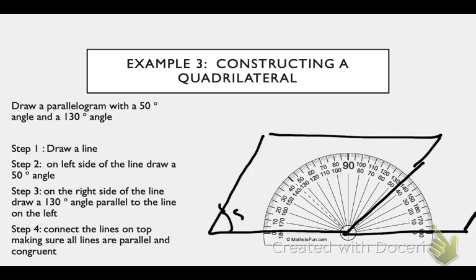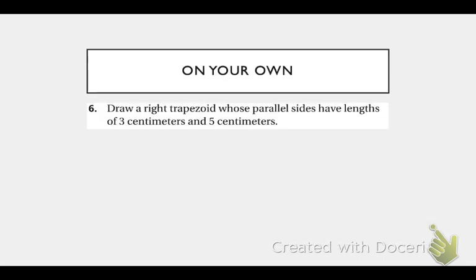So this is my 50-degree angle. This would be my 130-degree angle. Okay, so then this would be my other 50-degree angle, and this would be my other 130-degree angle. So again, we're going to go over this during class. So just copy this down, write notes on the side. But we're going to practice in class, so don't stress about it.